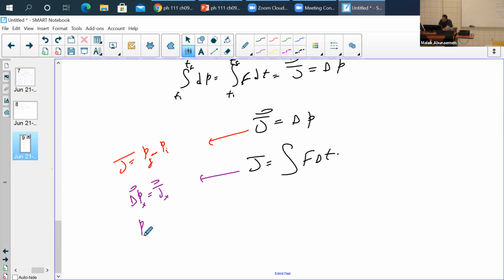That means momentum x final minus momentum initial in the x direction is going to equal your impulse. So your change in momentum is going to equal the average force multiplied by delta t.